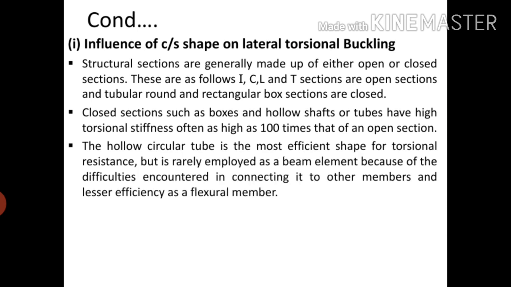The hollow circular tube is the most efficient shape for torsional resistance, but is rarely employed as a beam element because of difficulties encountered in connecting to other members and lesser efficiency as flexural members.